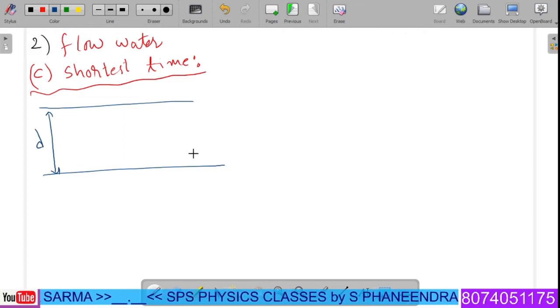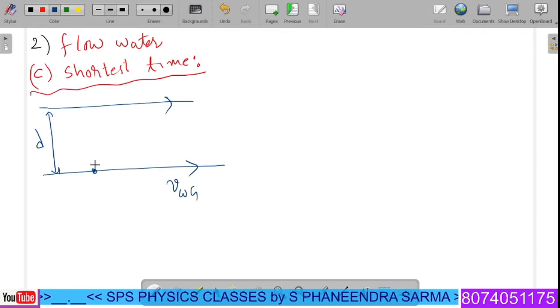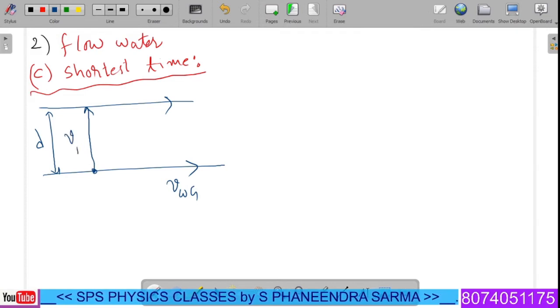Now, this is called velocity of water relative to ground, along the opposite banks. This particular vector represents velocity of boat relative to water, that is called still water velocity, in this direction, and velocity of water relative to ground in this direction.